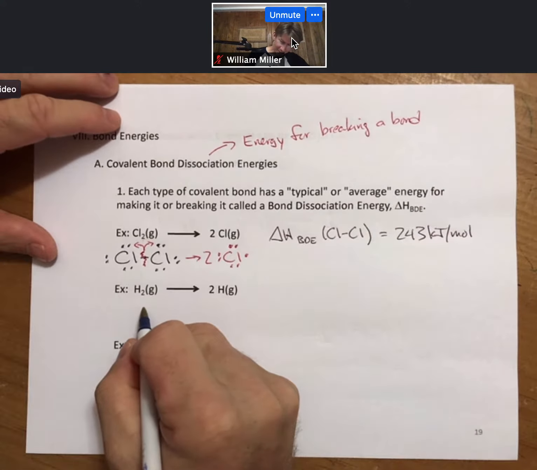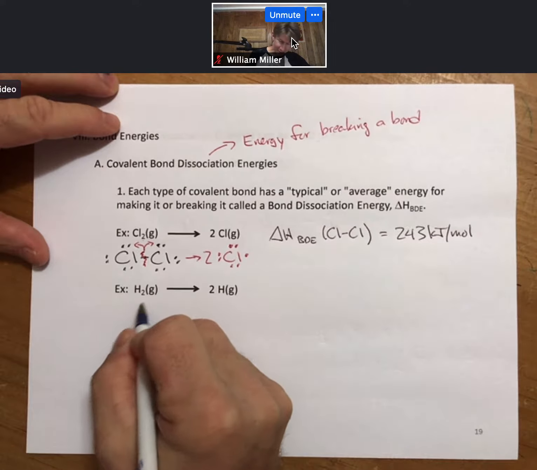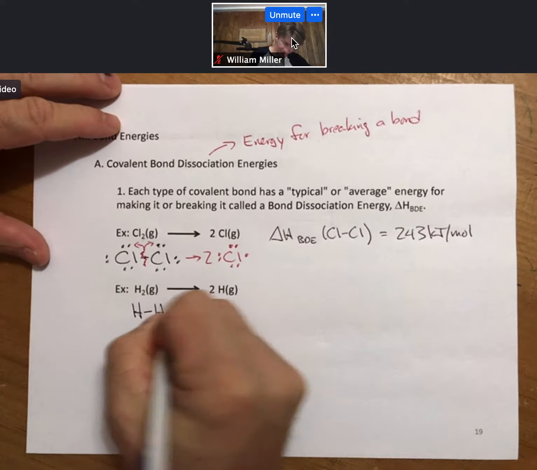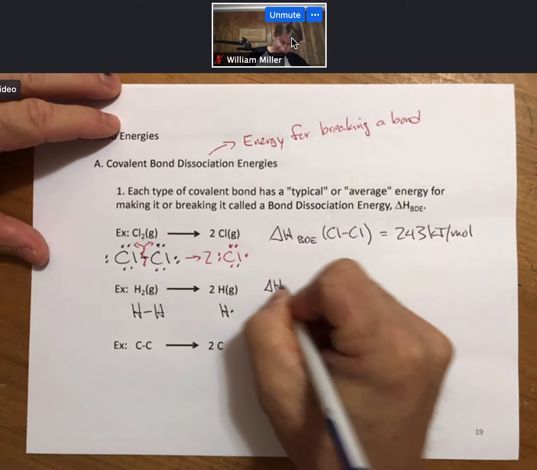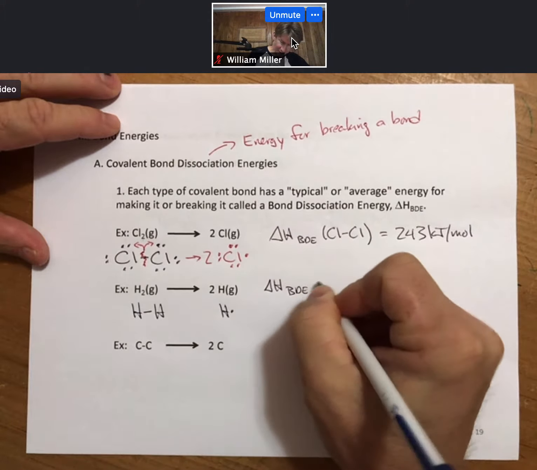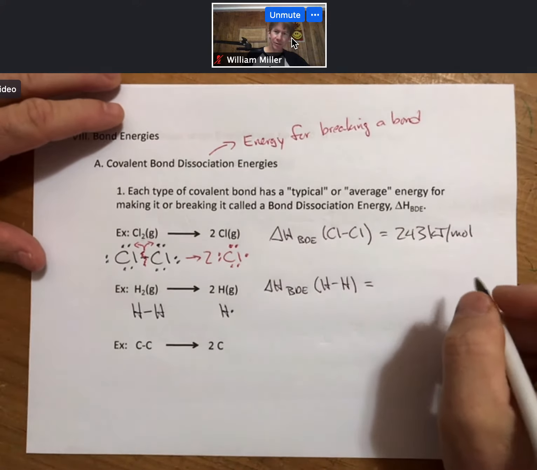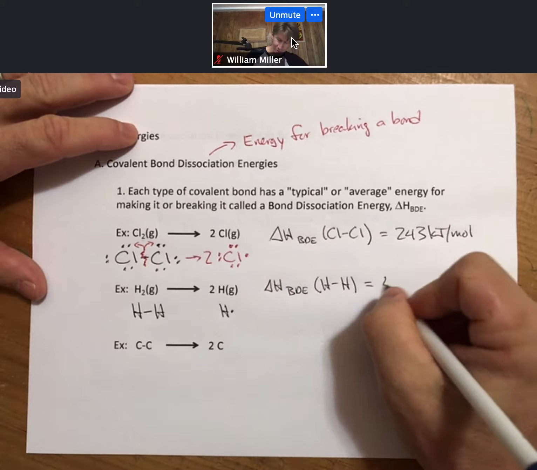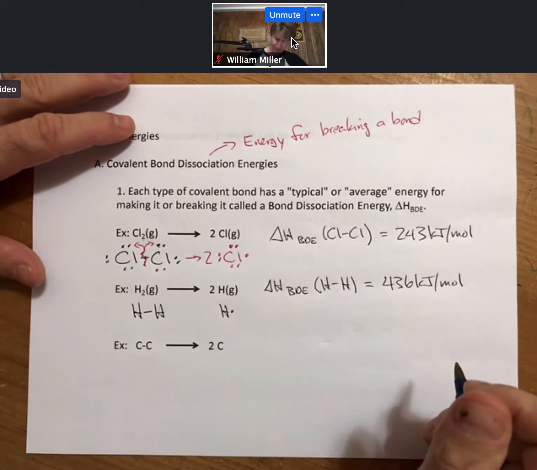Now the same process, and we definitely say it's positive. The same process now for hydrogen will yield delta H bond dissociation energy for a hydrogen-hydrogen single bond is 436 kilojoules per mole. And that I know is correct on that sheet.